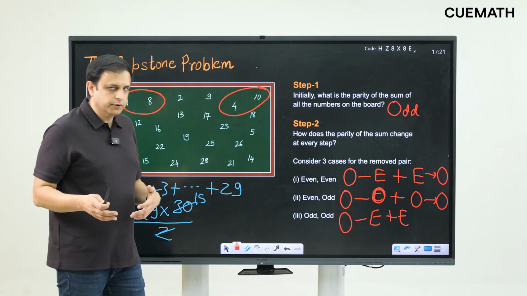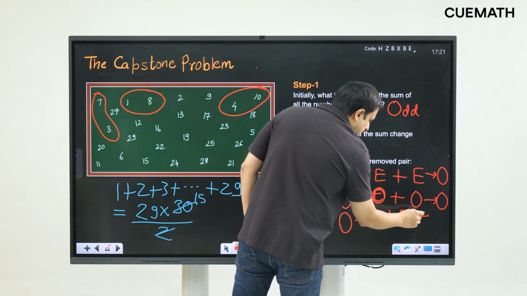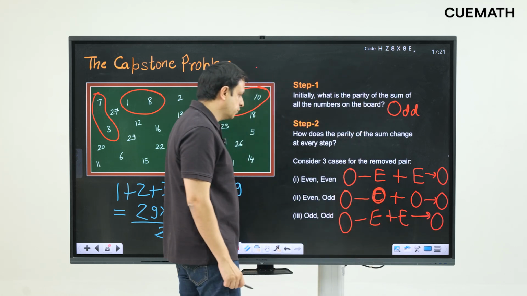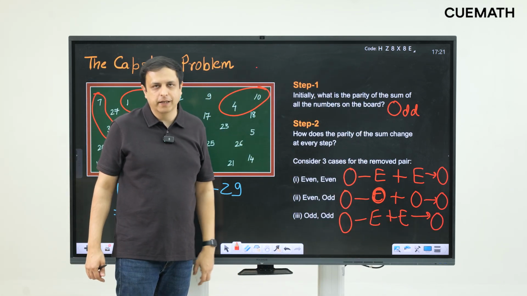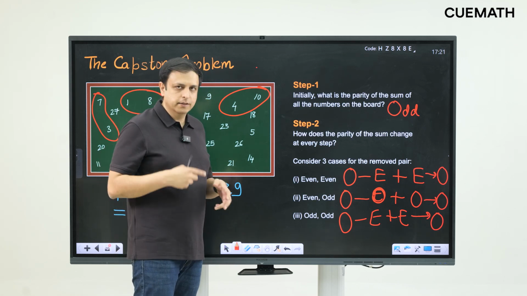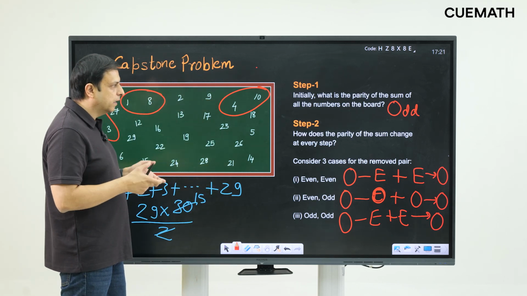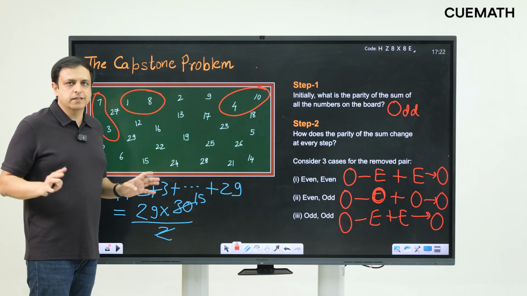Odd minus even is odd, and then you add even, which is odd again. So the parity of the sum will also be odd. No matter what pair you replace, the parity of the sum will still be odd. At every step, the parity will continue to be odd, and therefore the parity of the sum will never change. It will always stay odd.